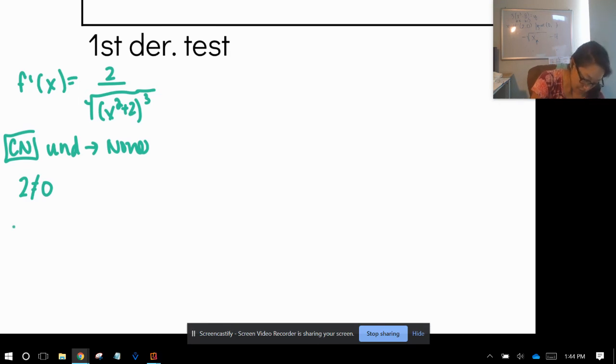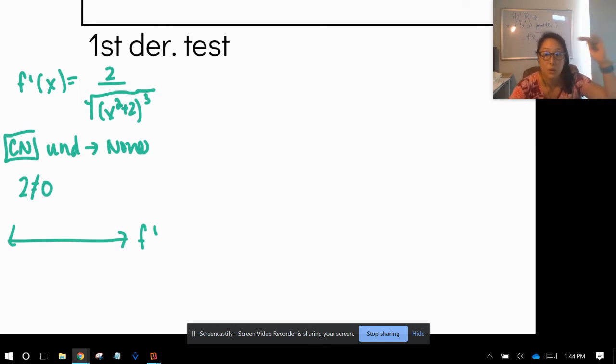Okay, so what I'm going to do is just set up my number line. The whole function is either going to increase or decrease, because there's no point where I can change from increasing to decreasing, since I have no zeros and no undefined values. So I'm just going to choose a number. I like 0.